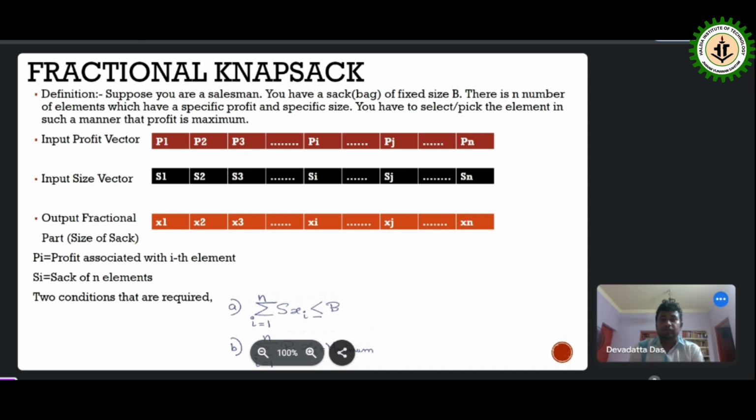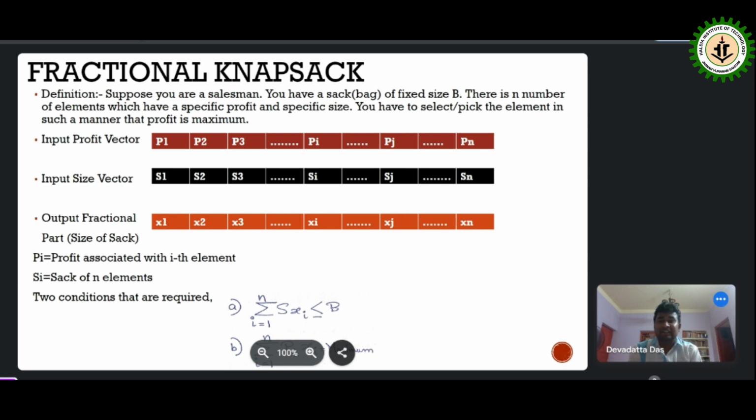Now I'm discussing the fractional knapsack, which is solved by the greedy method. So what is the fractional knapsack? Suppose I have a bag and the size of the bag is fixed, n is the number of elements, and m is the weight of the knapsack.